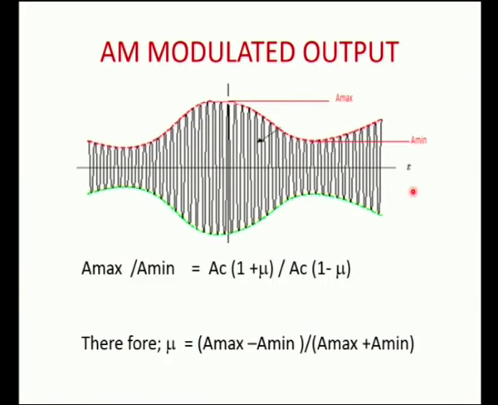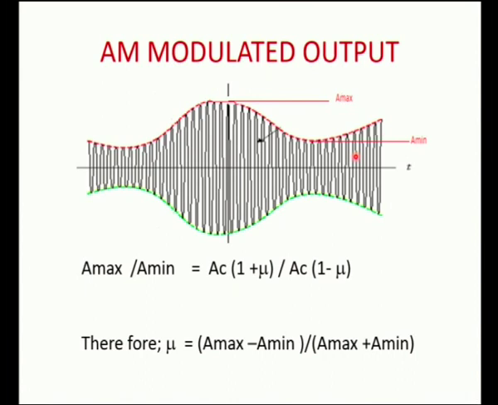When you look at the output using your CRO, the waveform will look like this, where the output produced will be the carrier wave. The amplitude of the carrier wave will change with respect to the amplitude of the message that is being provided. This is the amplitude of the message. The amplitude of the carrier wave is going to change. So, this is your AM modulated output.